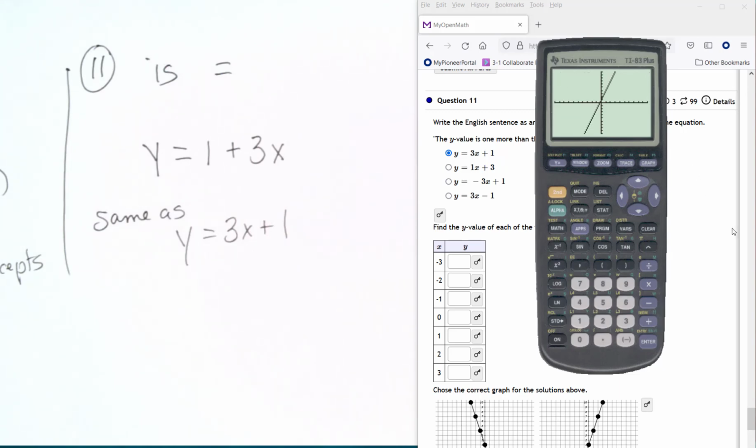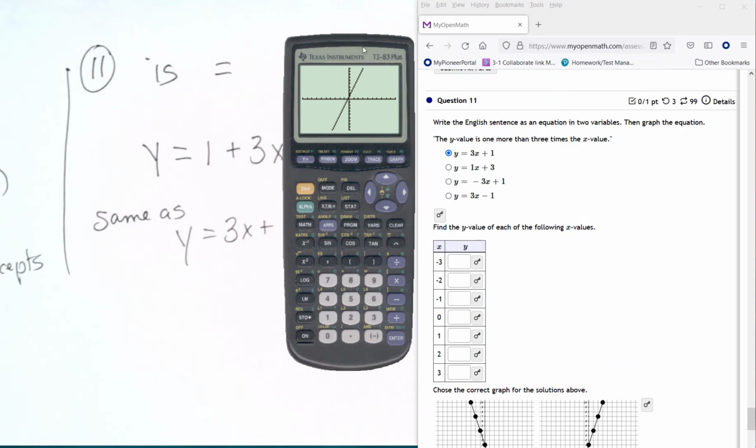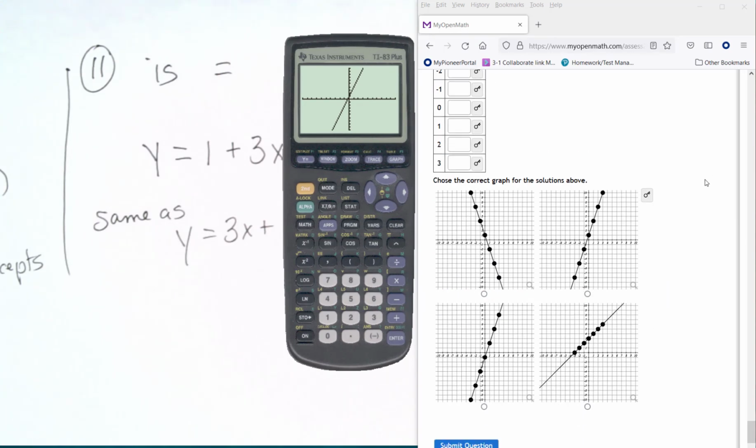All right, so a line, and we can look at which one. So we have a positive slope. 3 of them have a positive slope. We have to look very closely. Right, it's not going to be this one or this one. So it's going to be one of these two. They are very similar graphs.